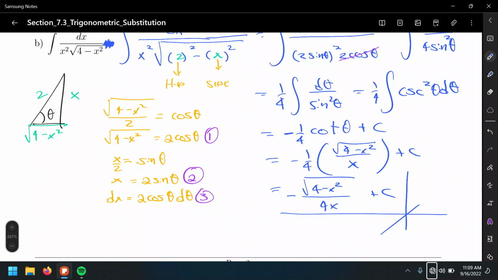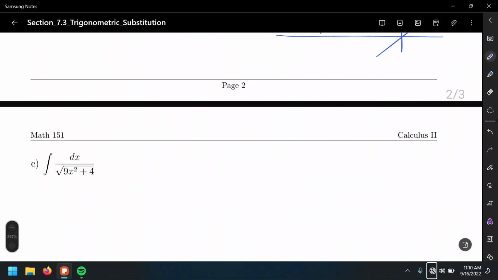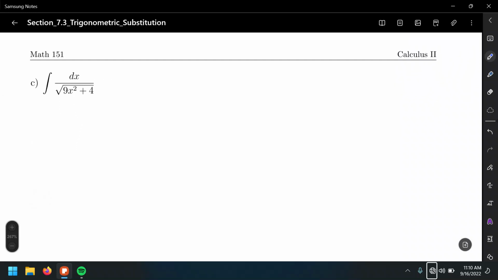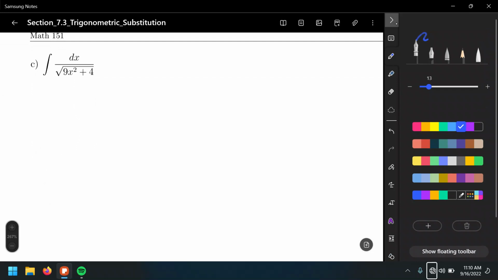Let's do another example. For the next example, what do we have? We have the integral of x over the square root of 9x squared plus 4. Well, we're going to see something different here.